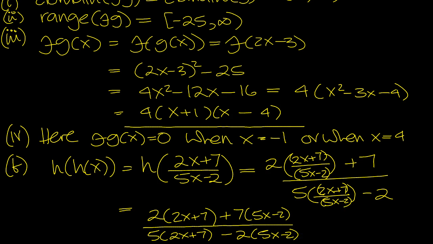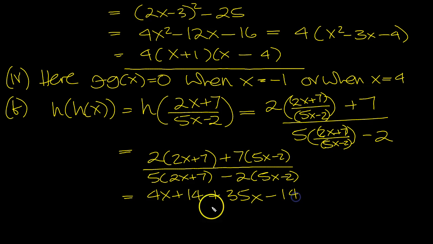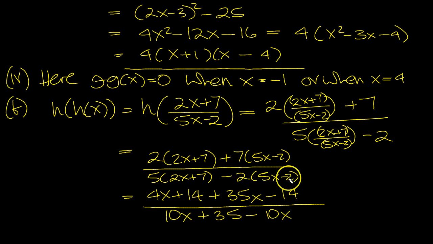So let's see what we get then. That equals 4x plus 14 plus 35x minus 14, over 10x plus 35 minus 10x plus 4.